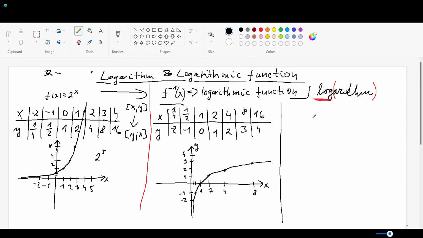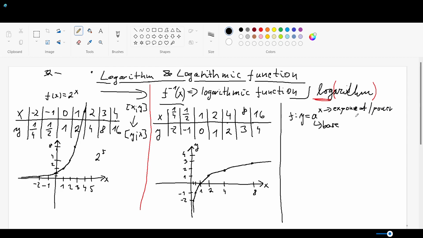Before we do everything analytically, let me say that the exponential function is defined with the equation y equals a to the power of x, where a is the base, x is the exponent or power, if you want.